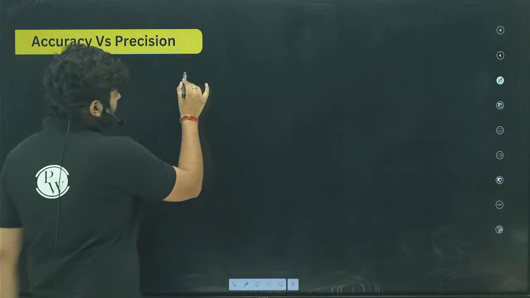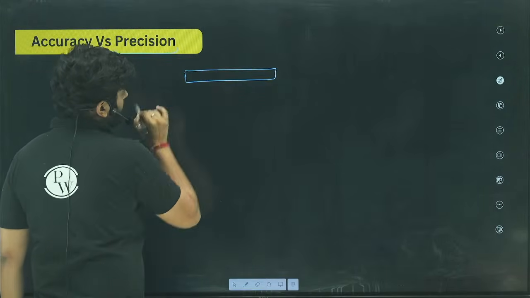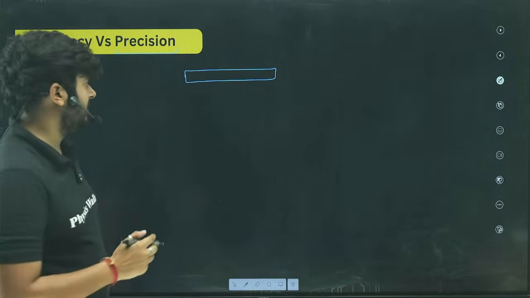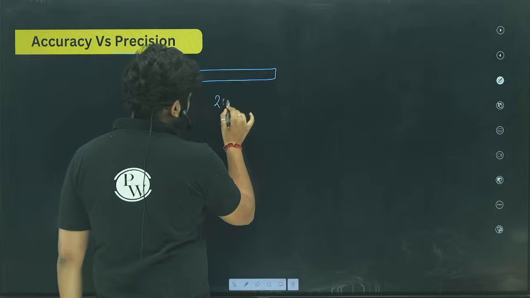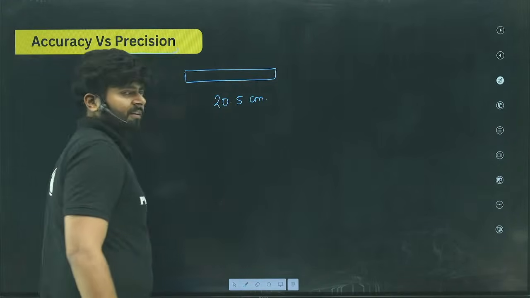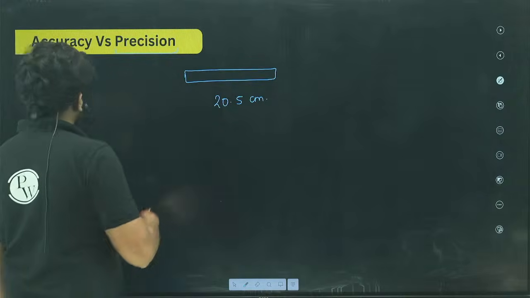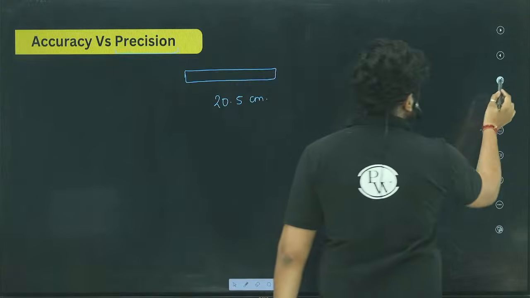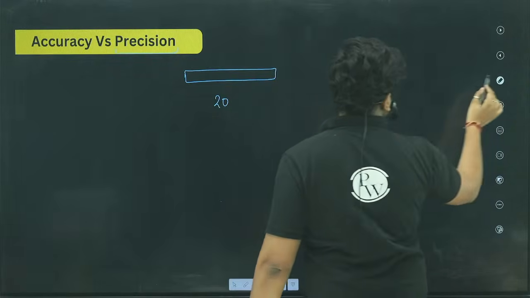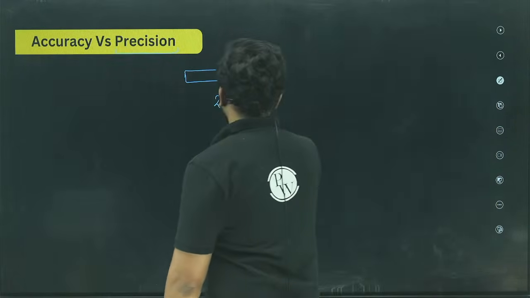So let's say that the true value of the actual length of this rod is 20 centimeter, for simple explanation, right? Let's say that true length of this rod is 20 centimeter.